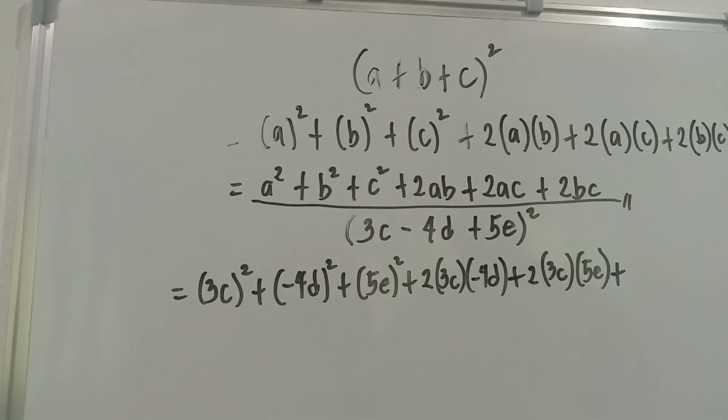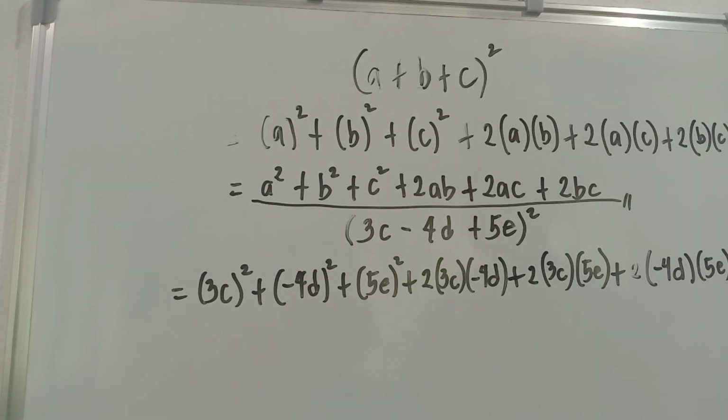And then for the last step, we're going to multiply the second term and the last term, which is negative 4d as our second term and 5e as our last term, and multiply it again by 2. We have 2 times negative 4d times 5e.